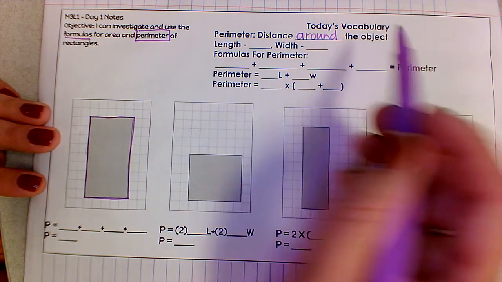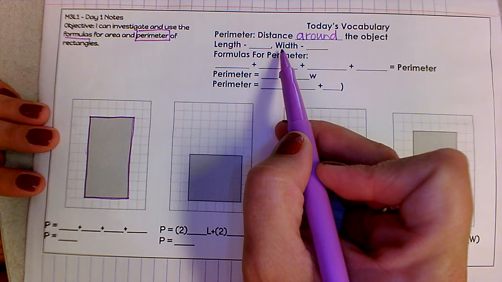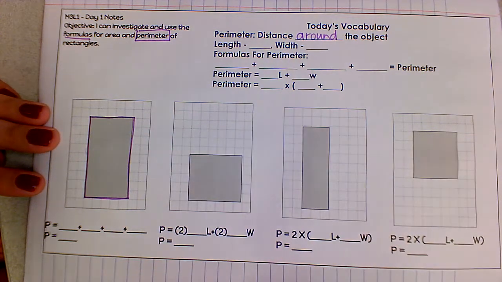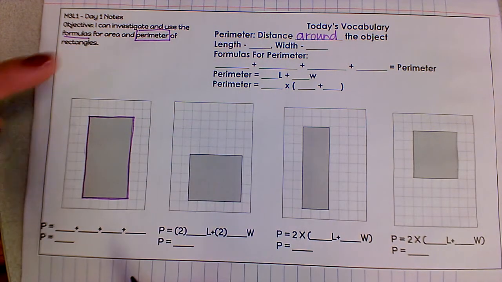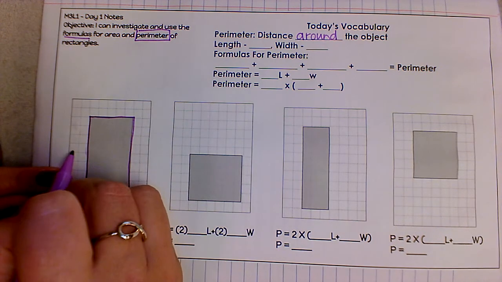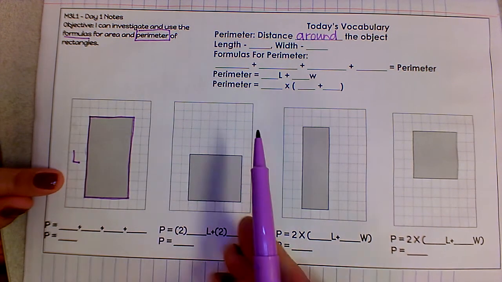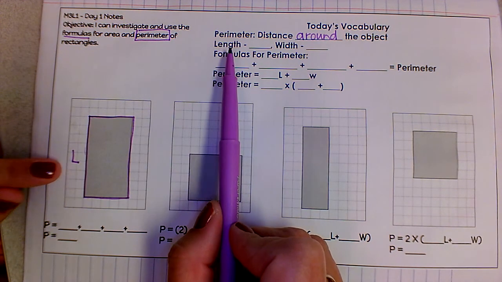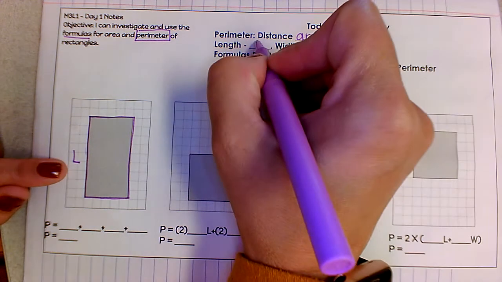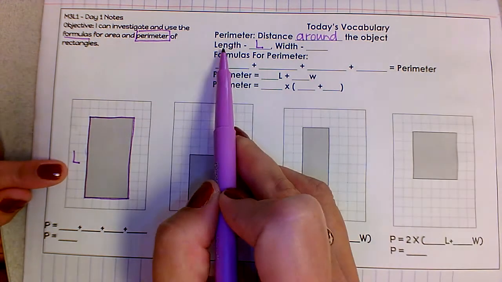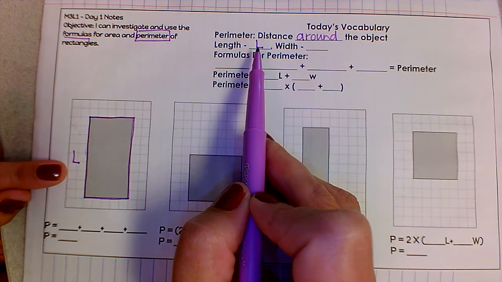Now I have this word length and I have width. A length is anything that goes up and down. So if I look at this rectangle, I know that this is the length. What did I abbreviate length for? If you said L, you're correct. So you're going to want to put an L here, because we're going to use that abbreviation L for length.